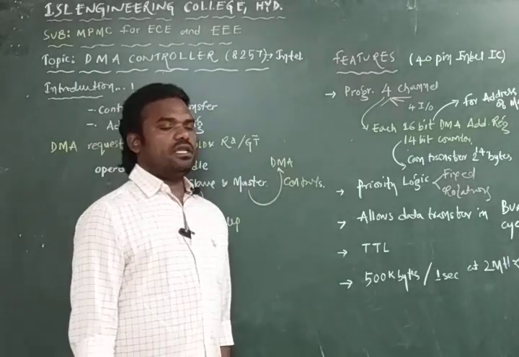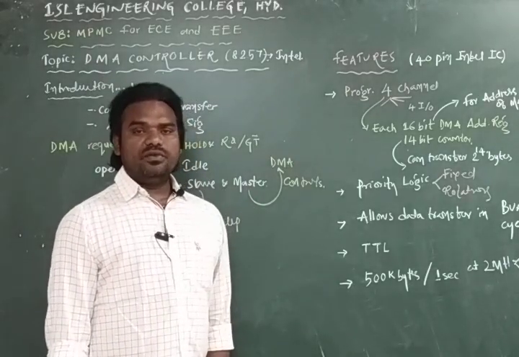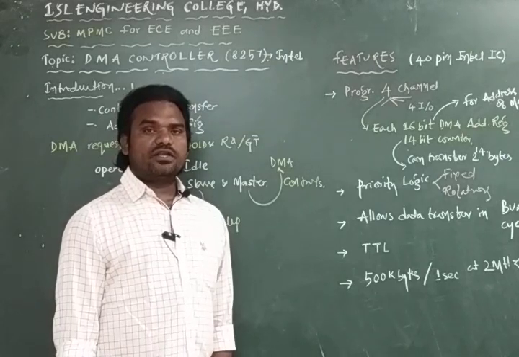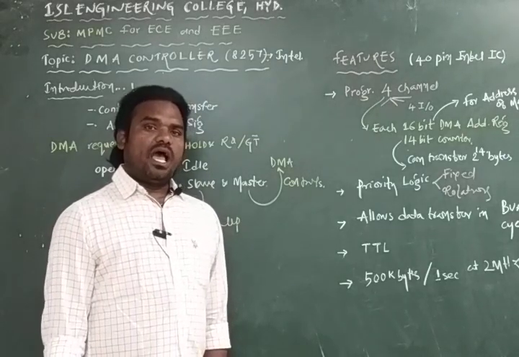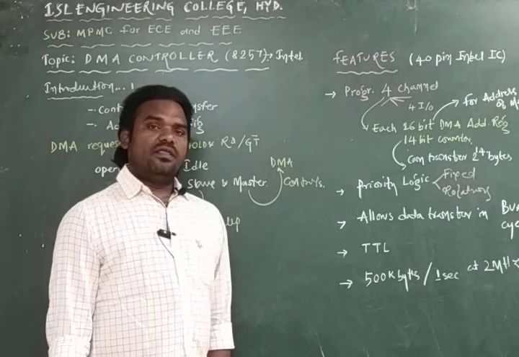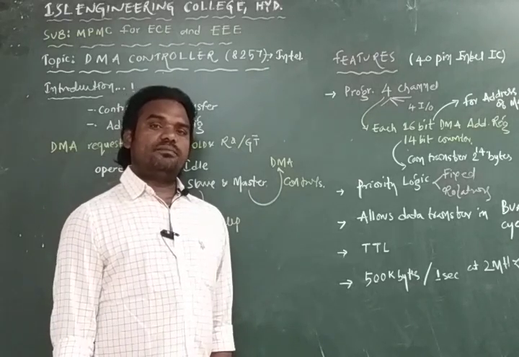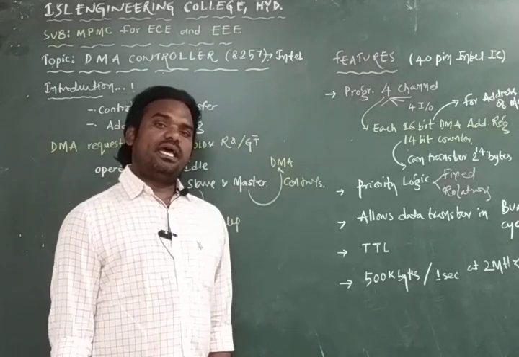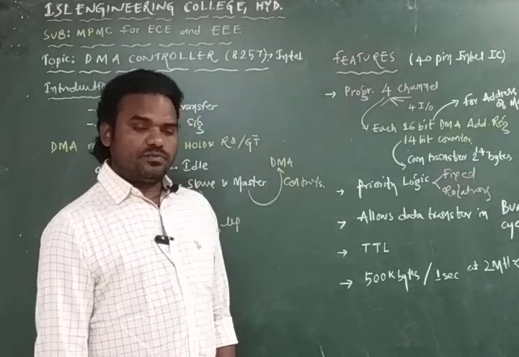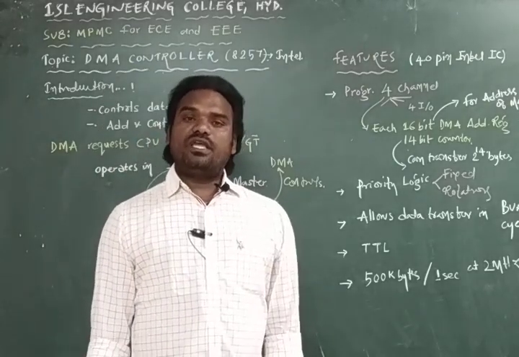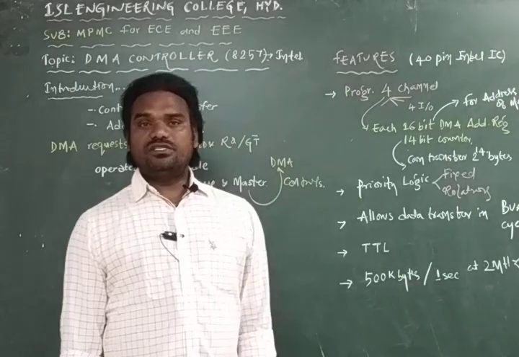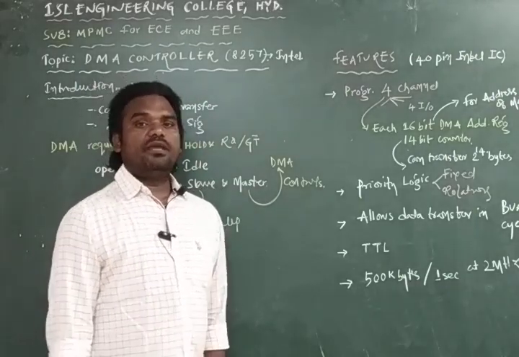By using this programmable integrated circuit, the DMA IC 8257, the memory location can be directly accessed by the input-output devices without involvement of the processor. That is the main objective of the DMA controller.